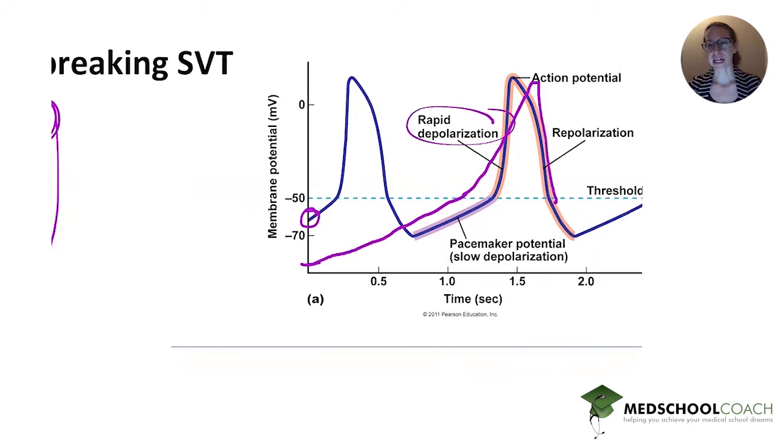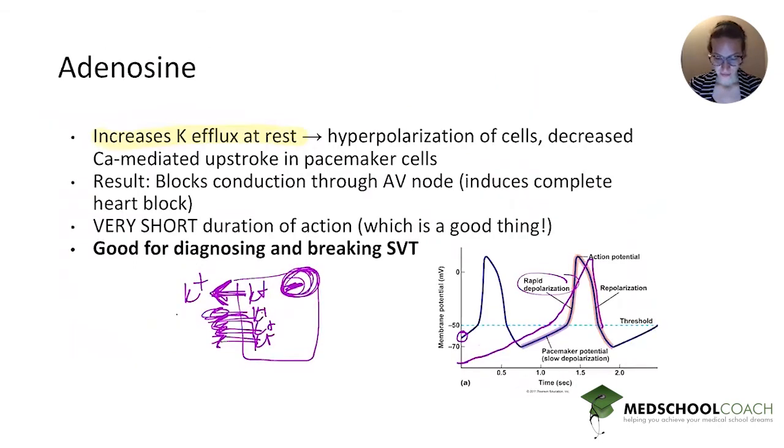Remember, this happens in pacemaker tissues. Pacemaker depolarization happens in the SA and the AV node, but this particularly affects the AV node, such that it affects the cells of the AV node so much that it actually induces transient complete heart block. It completely blocks conduction through the AV node in those cells. Now, inducing third-degree heart block or complete AV block is not a great idea.